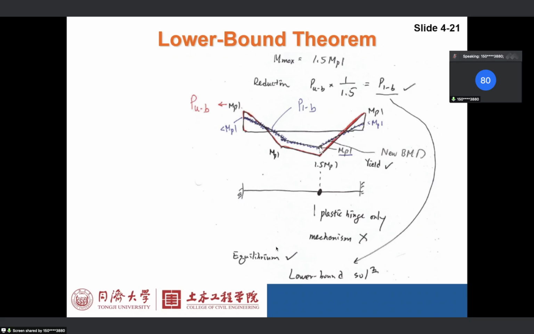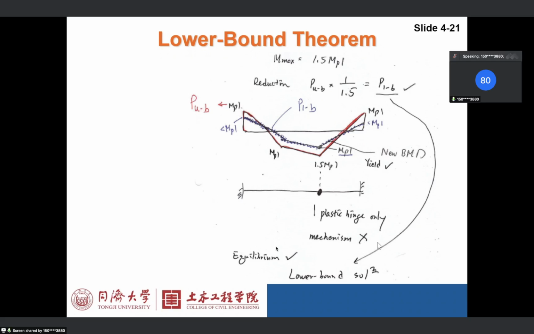So we have only one plastic hinge here. Right? Yes, the moment is less than MPL now. So the new bending moment diagram satisfies the yield condition. But we now only have one plastic hinge here.